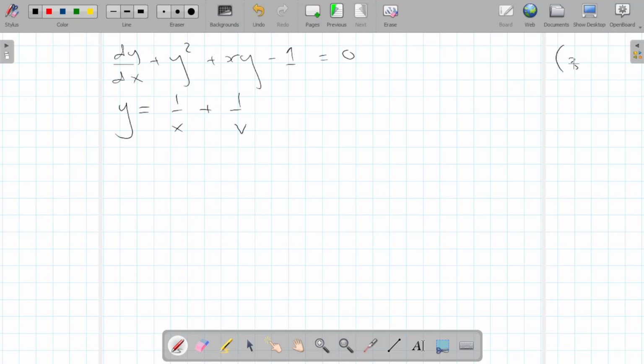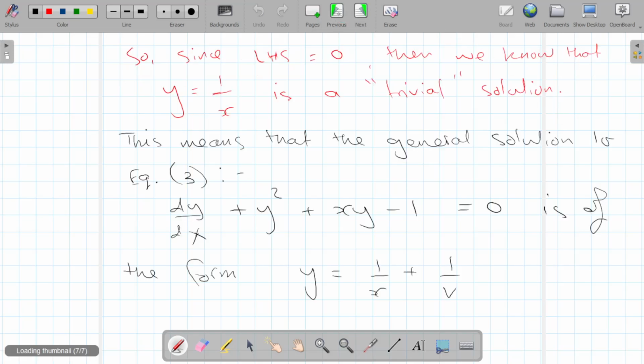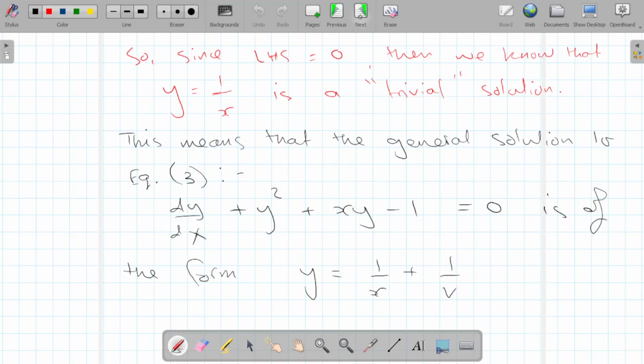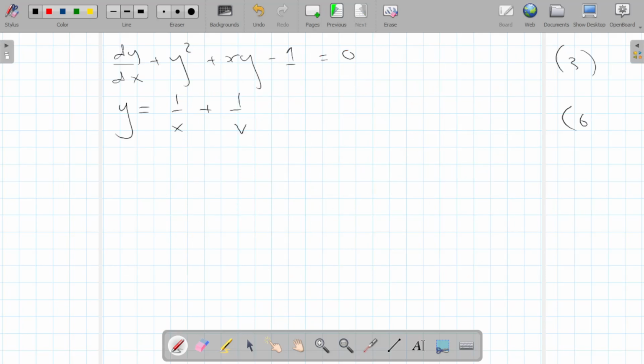Where did we get up to in terms of equations? 5, 6, right. So if we differentiate equation 6, we get dy by dx equals minus 1 over x squared minus 1 over v squared dv by dx. You should know that from basic elementary differentiation and calculus, right?